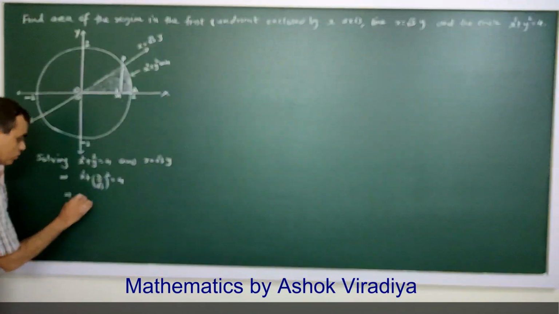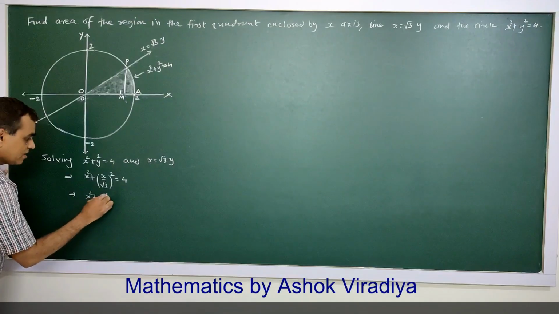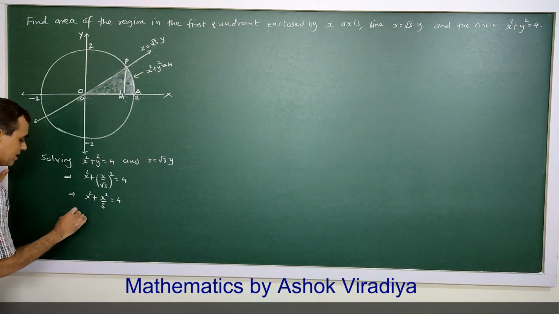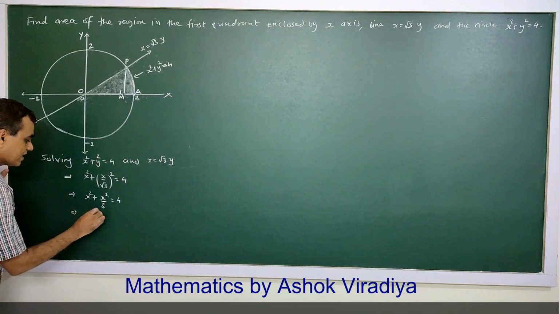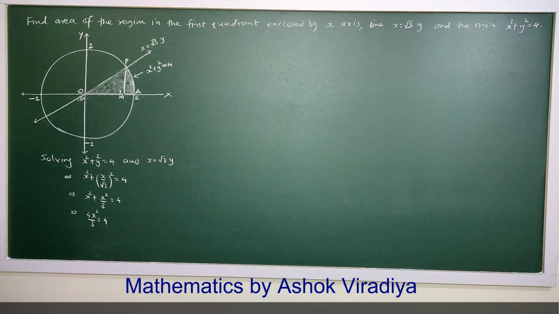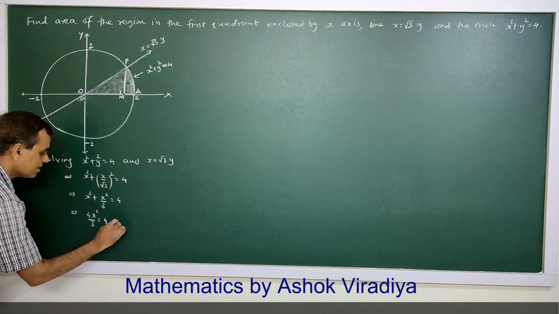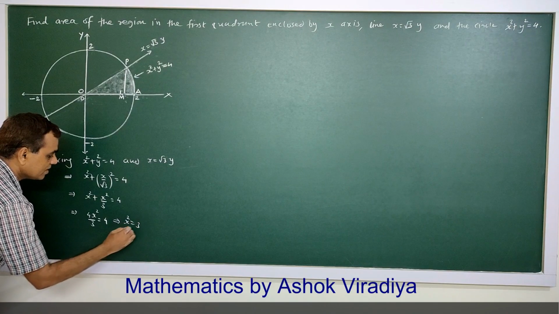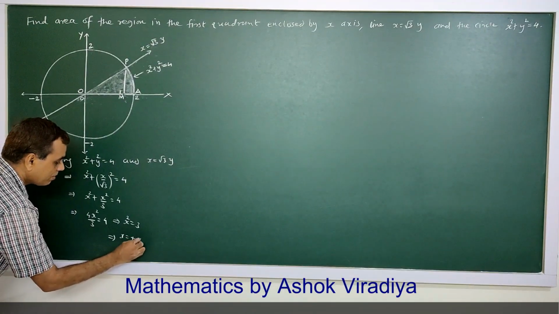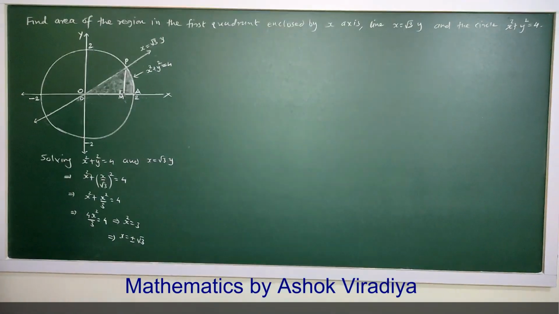So x square plus x square by 3 equal to 4, so 4x square by 3 equal to 4. So x square is 3.